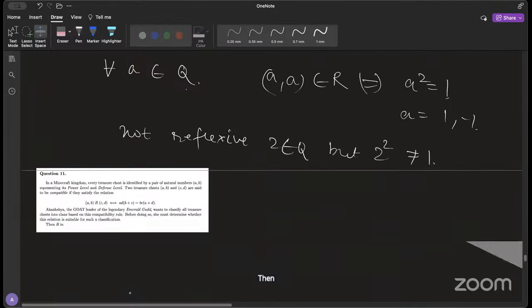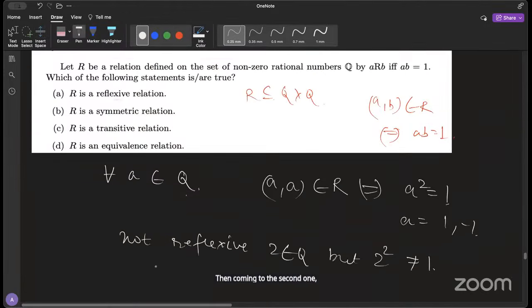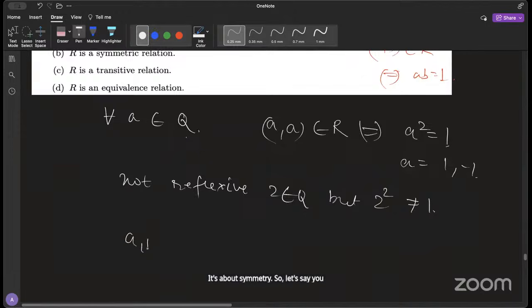Then coming to the second one, it's about symmetry. Let's say you have (A, B) in R, and this is given to you.